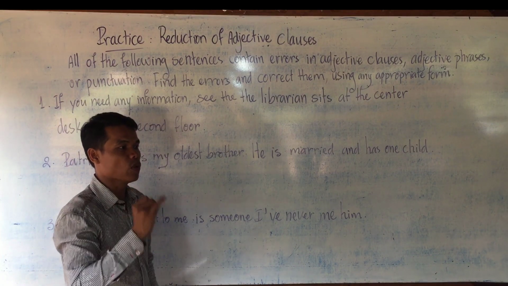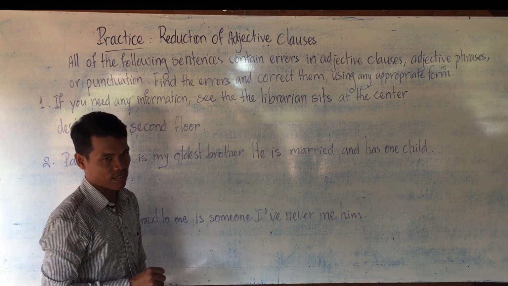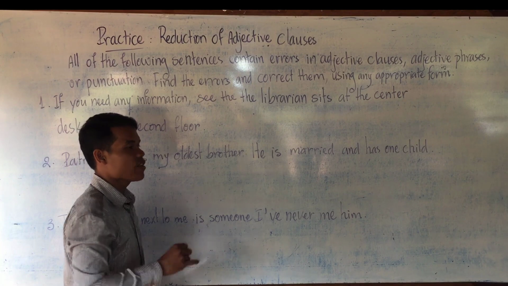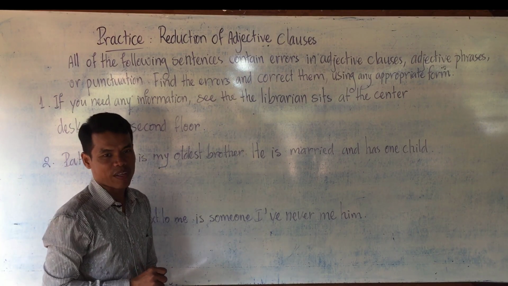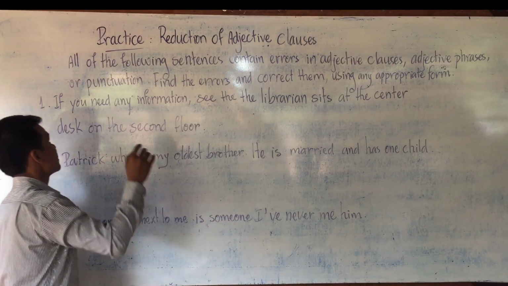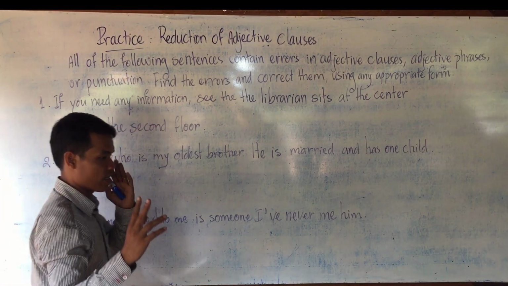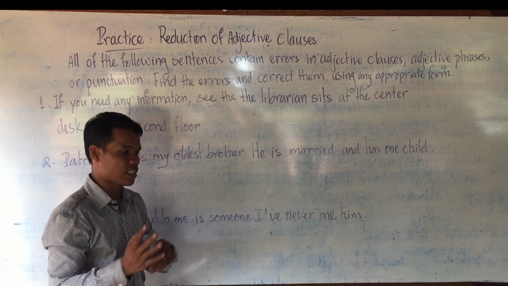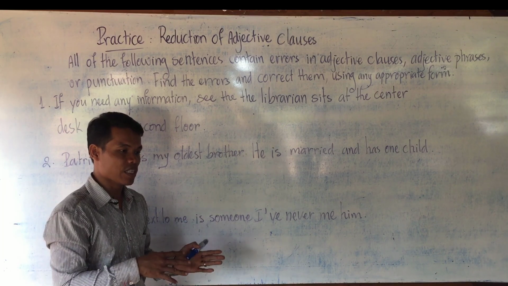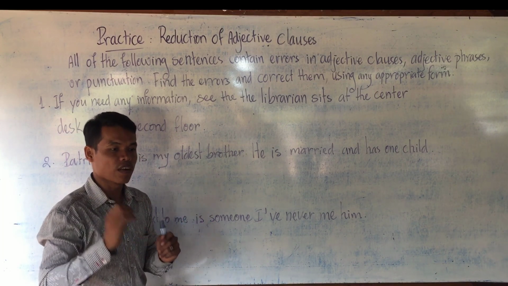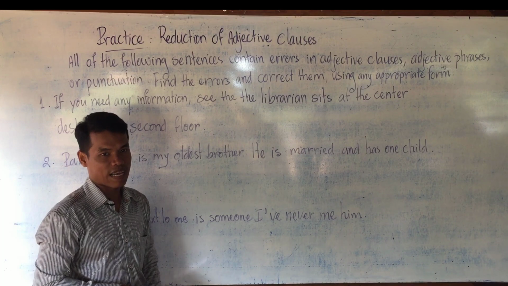First, you have to look at the adjective clauses. The second, you have to look at the adjective phrases. And the third one is that you have to look at the punctuation in adjective clauses or adjective phrases. Mostly we focus on comma or without comma.